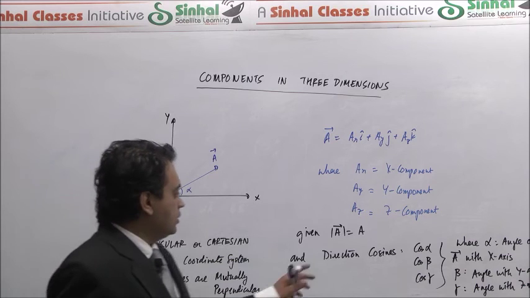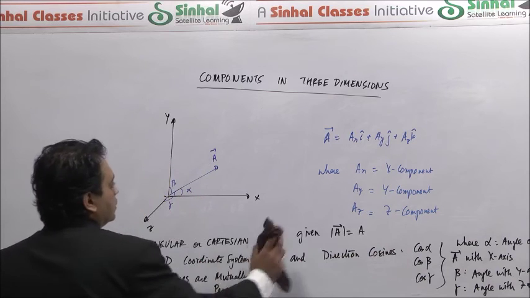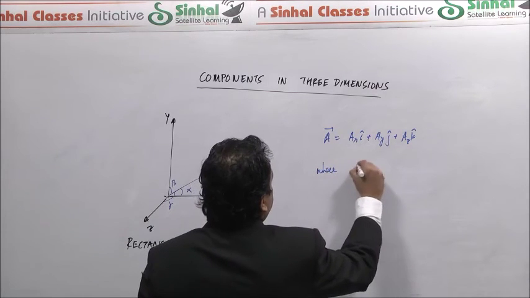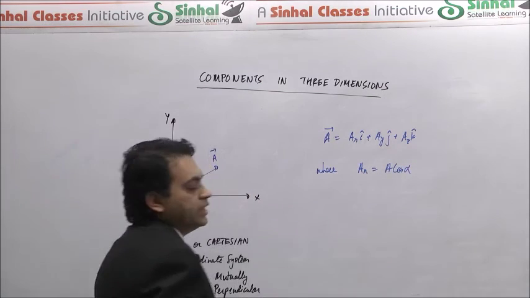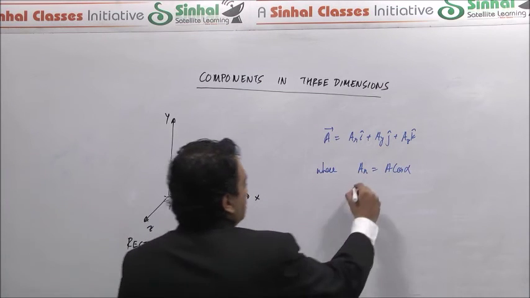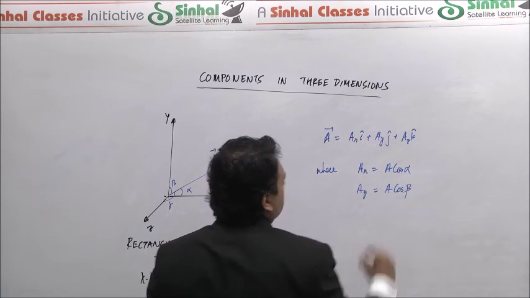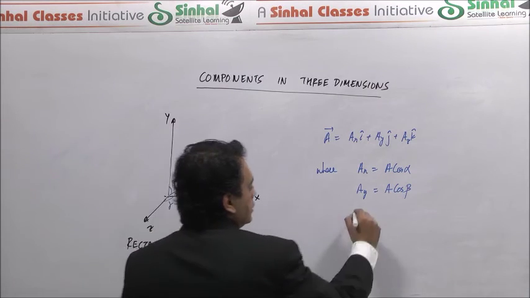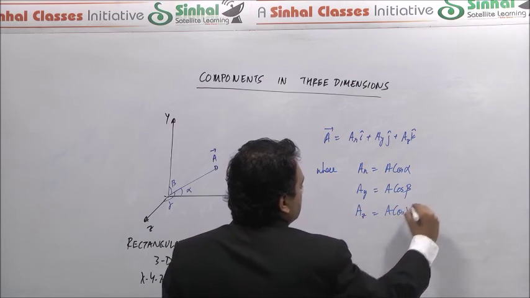So given the vector's magnitude and the direction cosines, we can see that this is how we express the x component, right? This is how we express the y component, and this is how we express the z component.